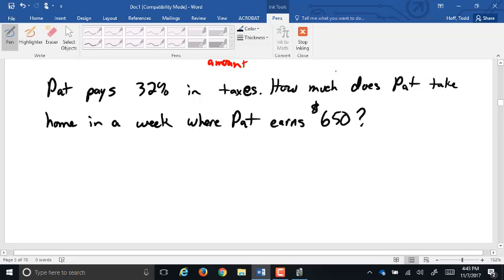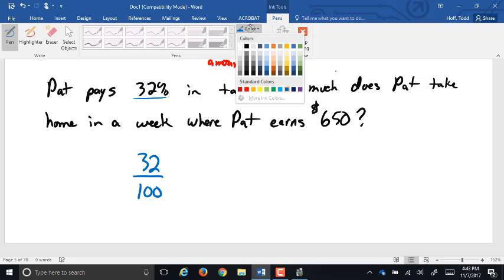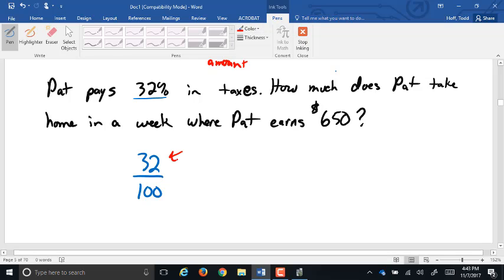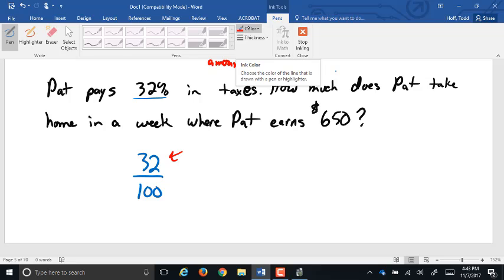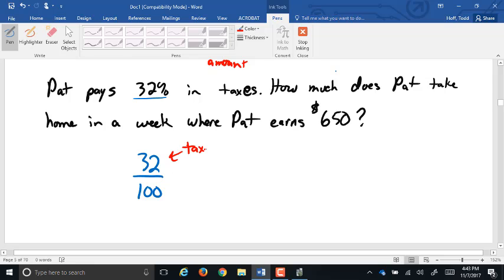Do we have a percent here? 32%. So 32 over 100. What does the 32 represent? It'll represent the taxes, yes.